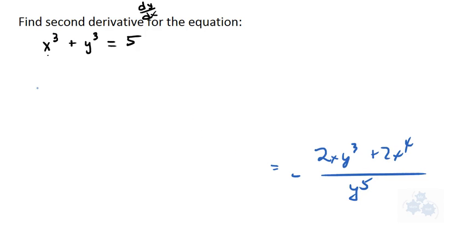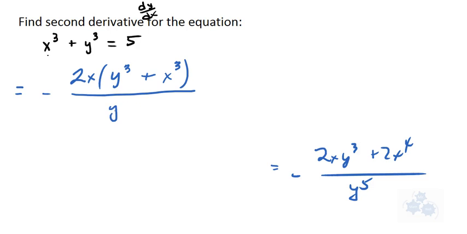That's right, I can take a 2 and an x out, and I'm left with y cubed plus x cubed. See that?